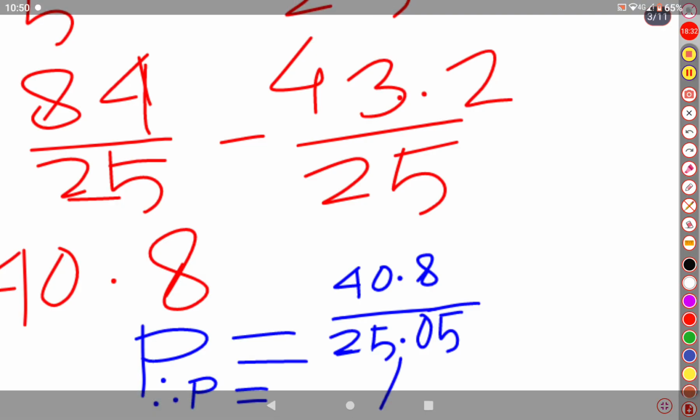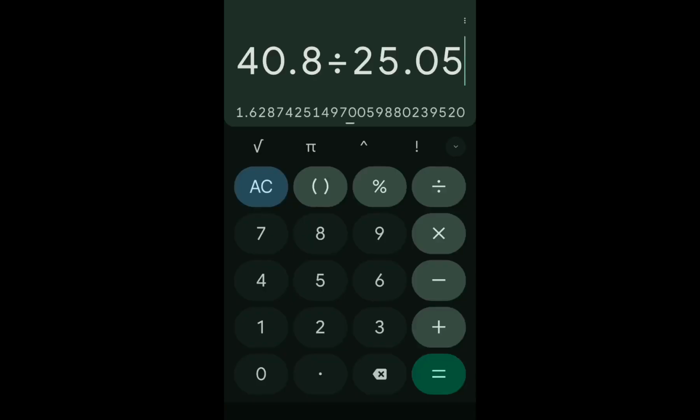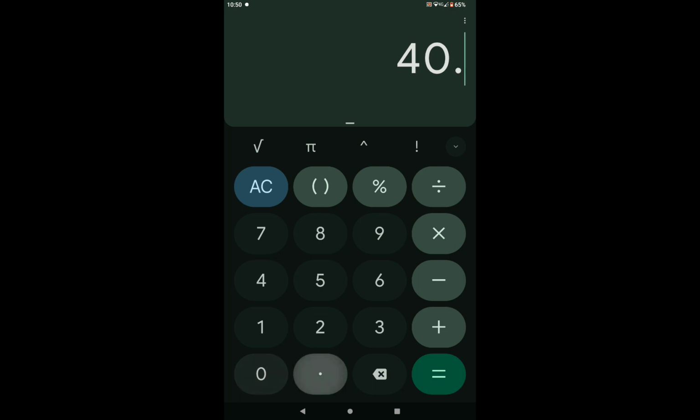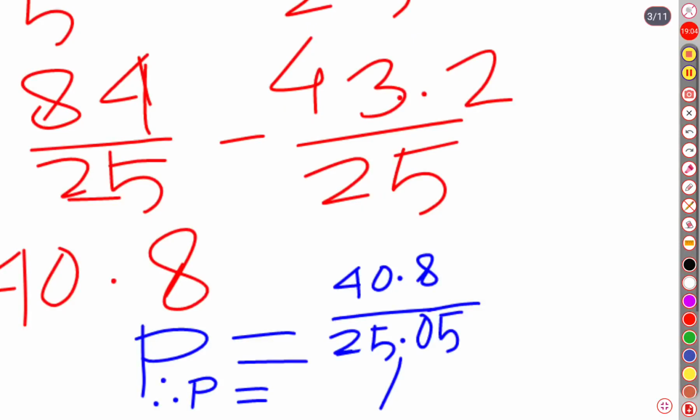Let us use the calculator: 40.8 over 25.05 is 1.63. 1.63 is the value of our p. Okay, and that's all about this solution.